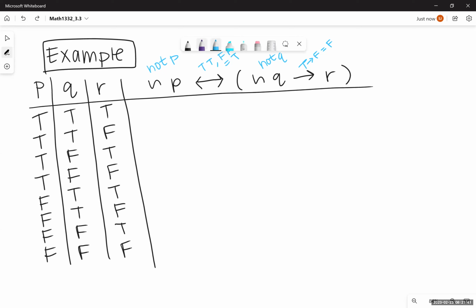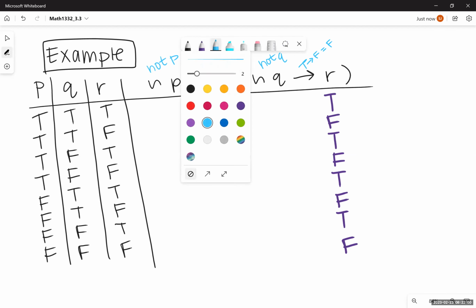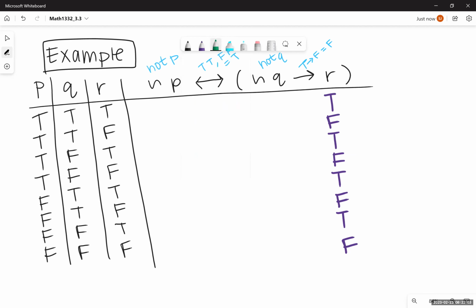Now it's just a matter of me staying somewhat in the lines. I'm just copying. Okay. And then once I've copied my R, this was like the first column that I did.